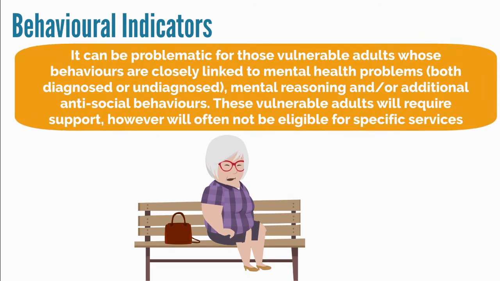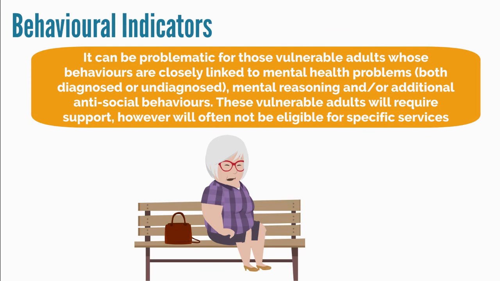It can be problematic for those vulnerable adults whose behaviours are closely linked to mental health problems, both diagnosed or undiagnosed, mental reasoning, and/or additional antisocial behaviours. These vulnerable adults will require support, however, will often not be eligible for specific services.